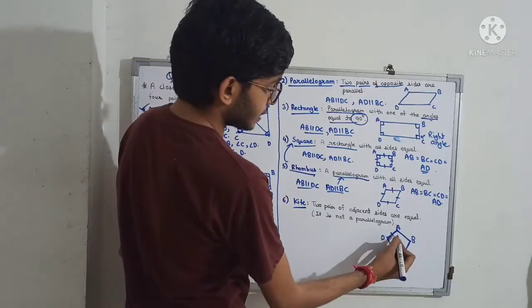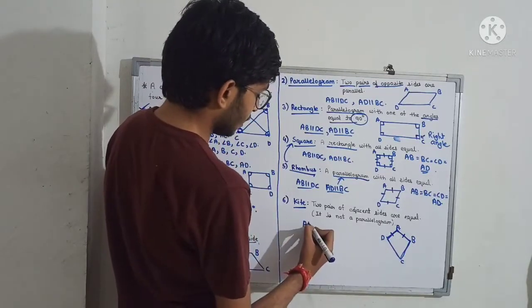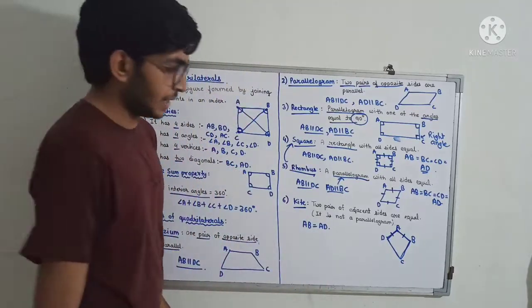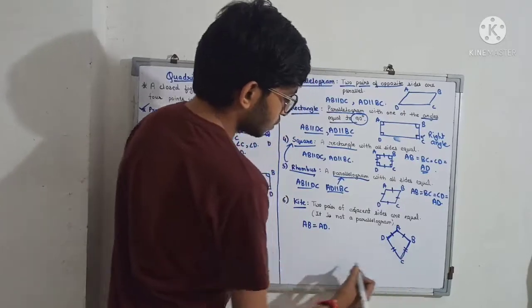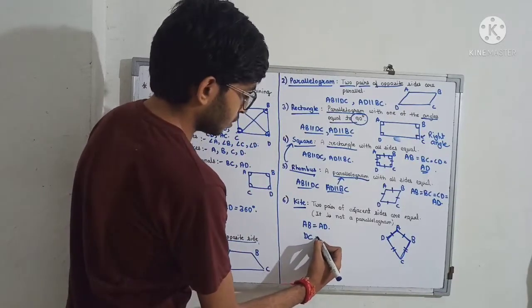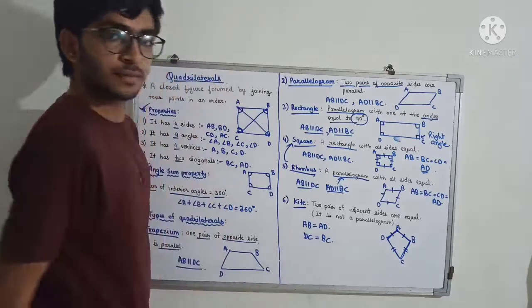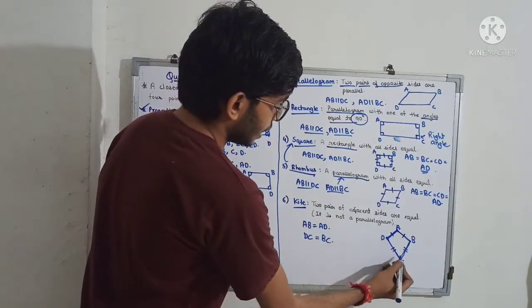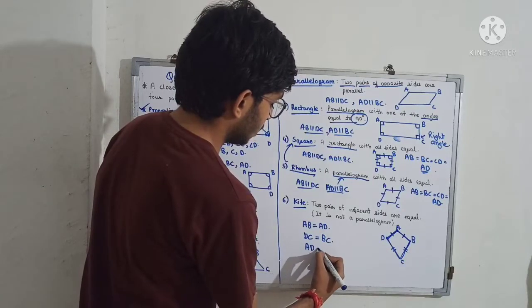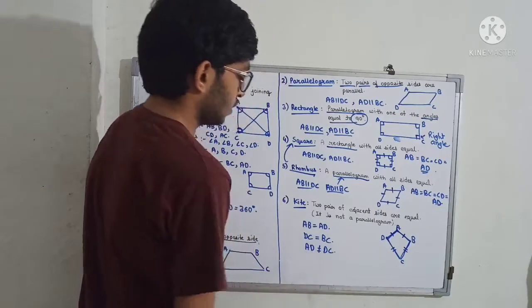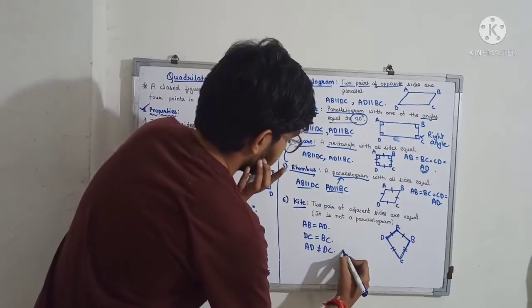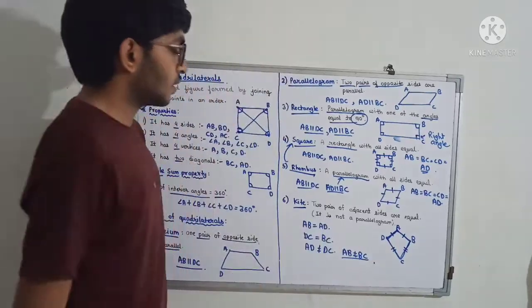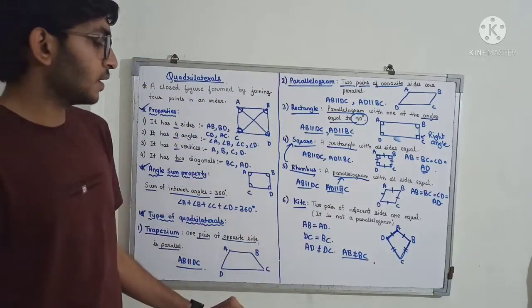So AB is equal to AD and BC is equal to DC. But AD and BC are not equal, and similarly AB is not equal to BC. So this is an example of a kite.